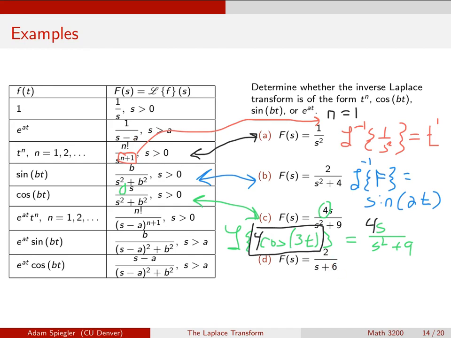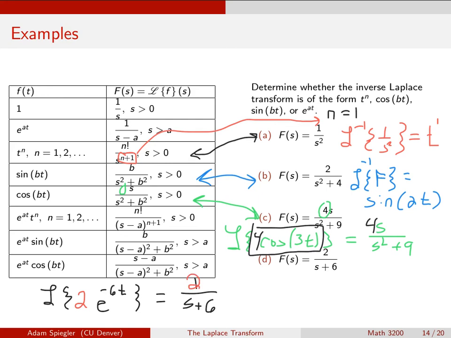So what that means is if we took the Laplace transform of e to the at, where again our a was minus 6, using this table we can see that I would get 1 over s minus a, which is s plus 6. And the fact that we're just missing the 2 is really easy to correct, because if we multiplied by 2 inside of here, then that 2 would just come out over here.